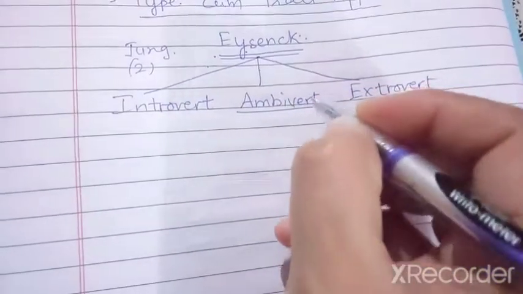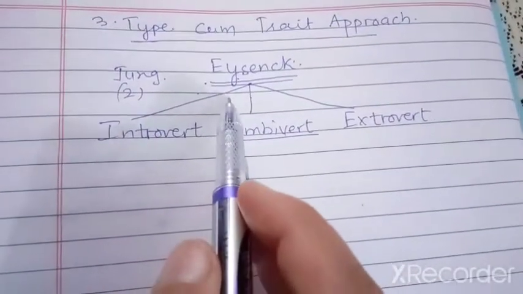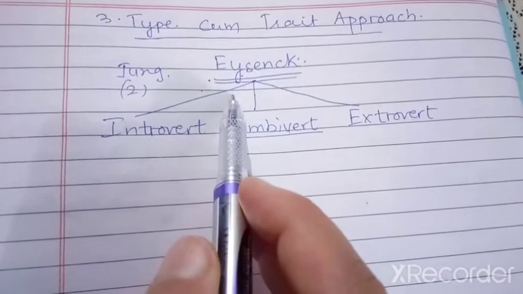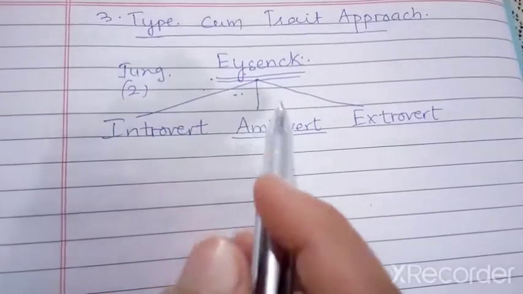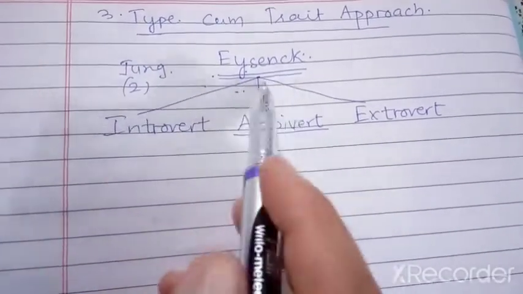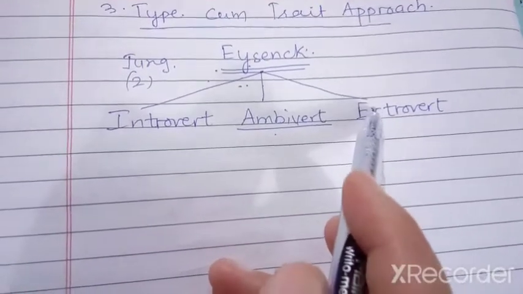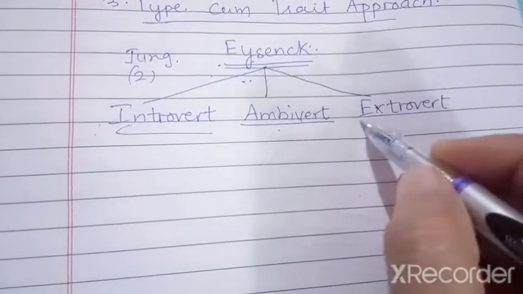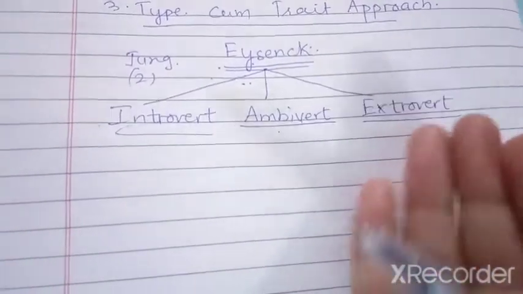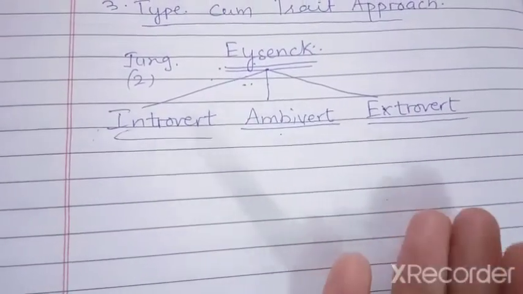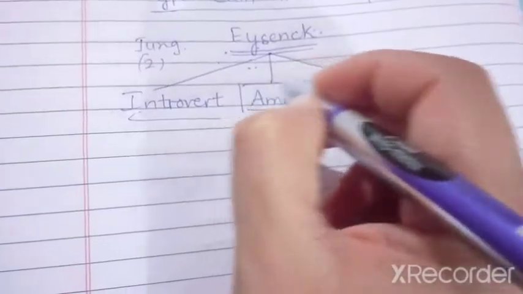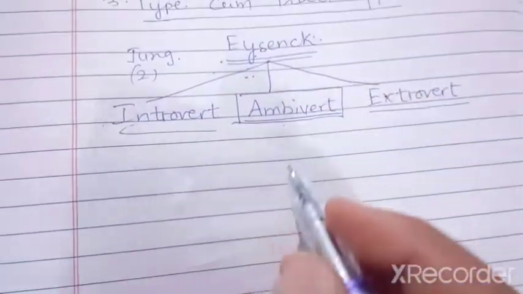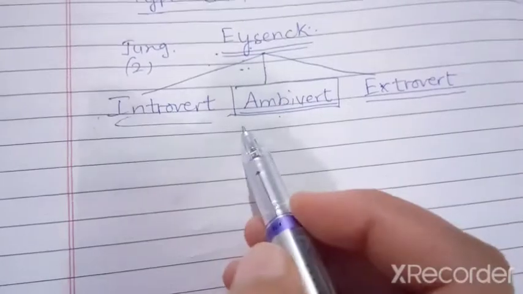So this was the classification or types given by Eysenck. He accepted the classification given by Jung, so that means we cannot change these two types, because this is the classification that he has already picked up from someone. But he wanted to develop his own approach.